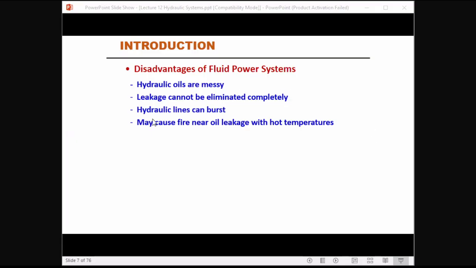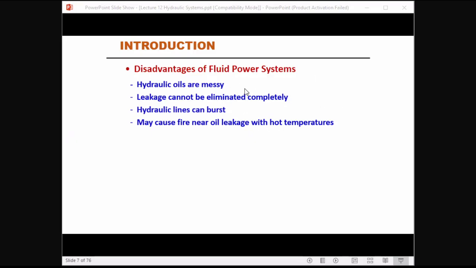Then regular maintenance and cleaning is required for these hydraulic machines, and leakage cannot be eliminated completely. Leakage cannot be eliminated completely, which relates to sealing technology.